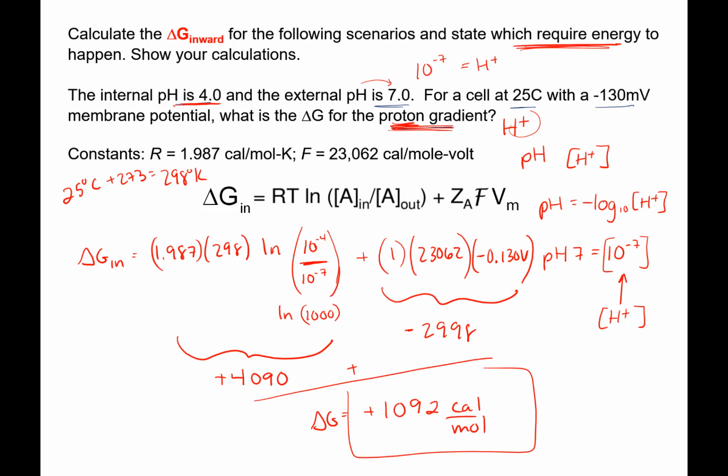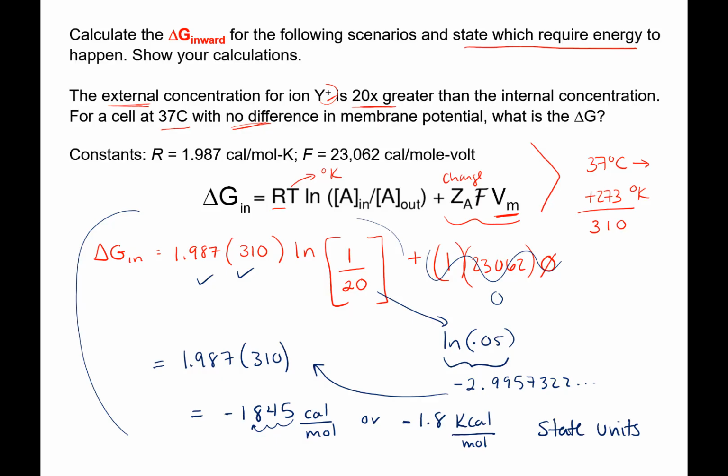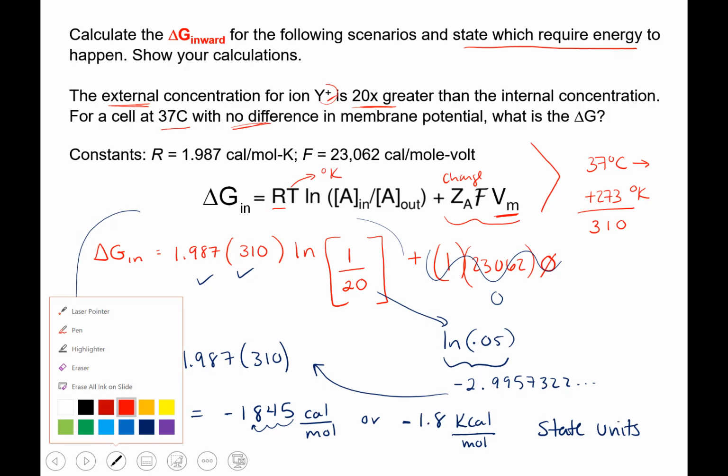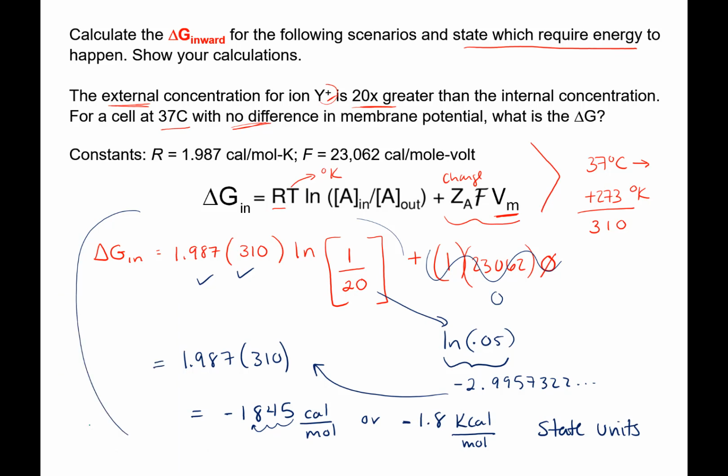which requires energy. So if we look up at these numbers, if you remember, move this to green. If the delta G is negative, it means it does not require energy.